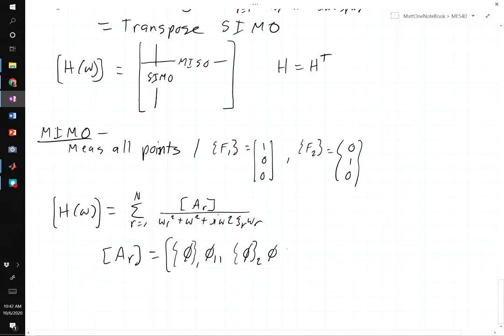So let's just write this for mode 1 at first. So the residue matrix for mode 1, we'd have the first drive point for the first mode. This is the first mode again, but the second drive point. So the second index is the mode number, and so on.